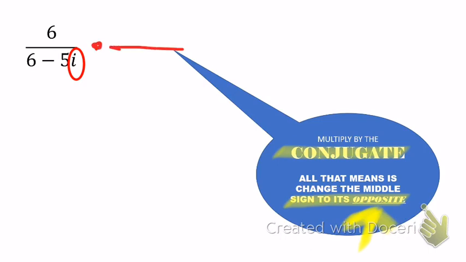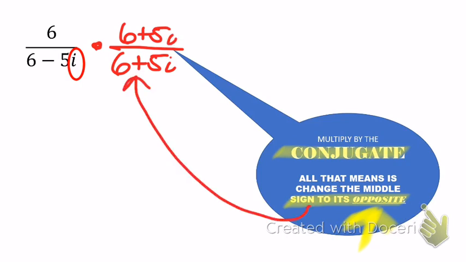The opposite of 6 minus 5i is 6 plus 5i. So change its sign to its opposite.